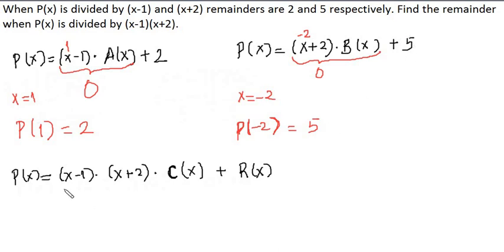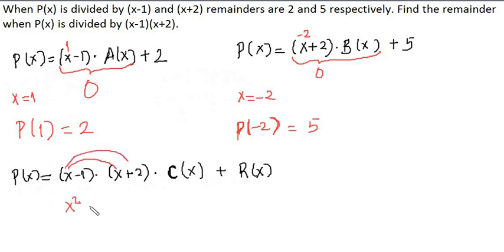But in this case, as you see, the degree of the divisor is 2. It is a second degree polynomial. So the degree of the remainder must be smaller than 2, which is 1 or 0. If we just multiply x minus 1 by x plus 2, we get x squared.